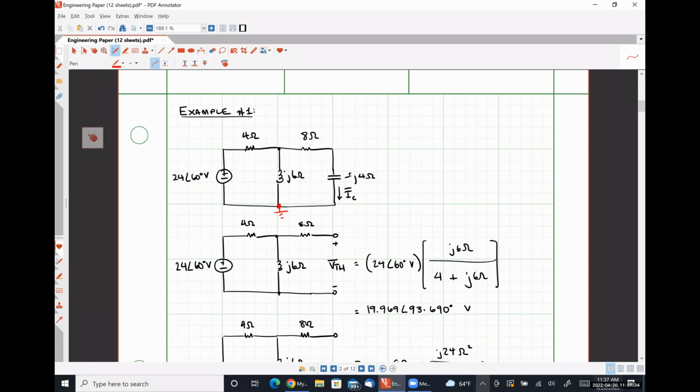We could always suffer through finding the equivalent impedance of everything that's connected to the source, and then using Ohm's law to find the current that flows through the 4 ohm resistor, and then apply KCL and KVL to kind of back calculate every current and voltage in the circuit as well.